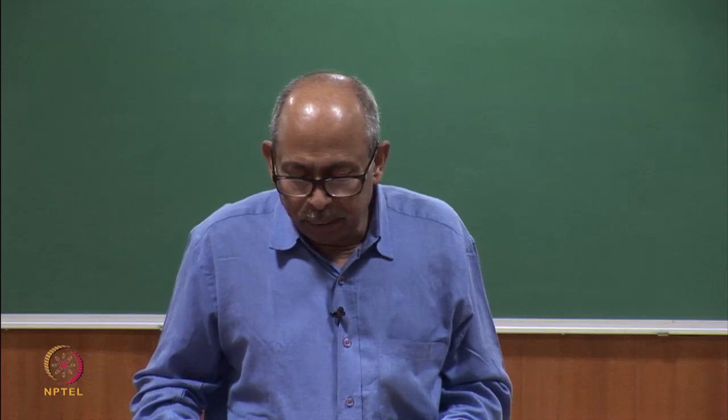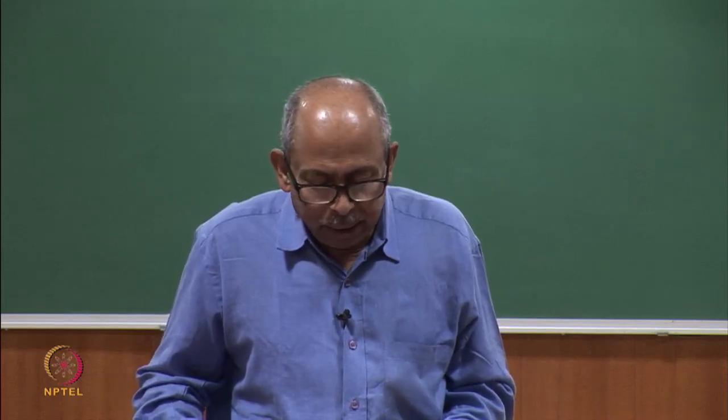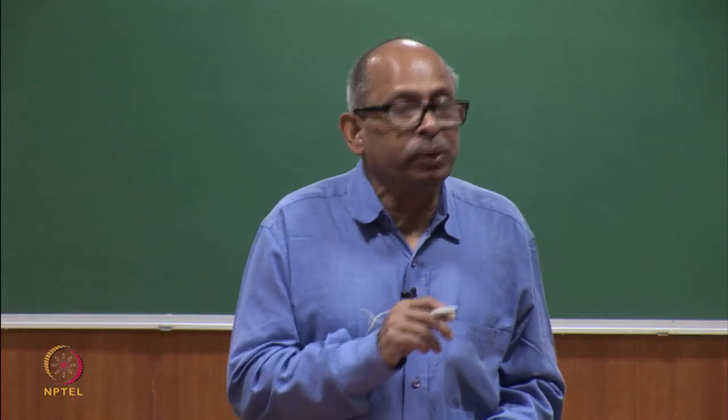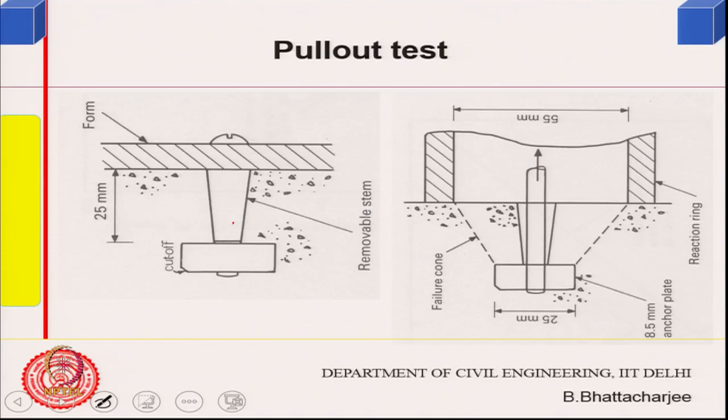So, this is how the pull out test looks, and you can put it during the casting also. This is the insert you put in during casting. This is your formwork, this is threaded, and this insert goes in right in the beginning. Then after the concrete has partially set, before final setting, you just unscrew it and take it out.